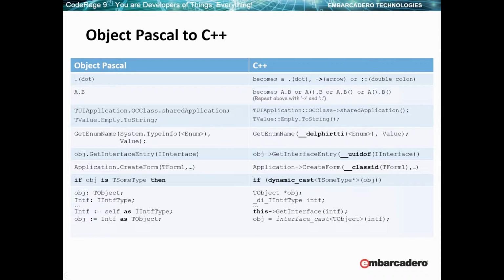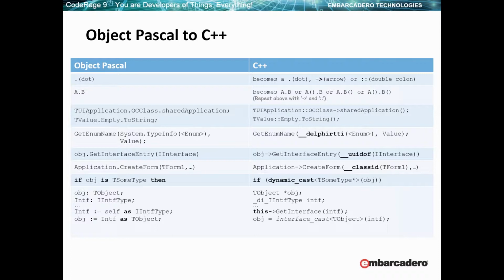Then this does the trick. And usually the way you would write it is if, open paren, some variable name equals dynamic cast, meaning in the if statement, you can declare a variable and evaluate the if all at the same time. And if it works, you enter the block, and now you have a new variable pointing to it. Because in the Delphi case where it says if obj is some type, the next thing is probably going to do a cast to get the sum type out of obj. So there's a little shortcut that you can do there.